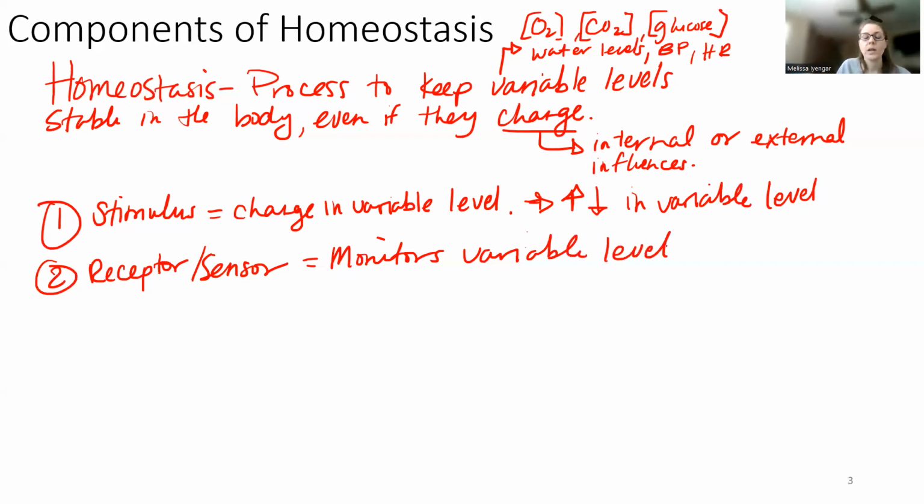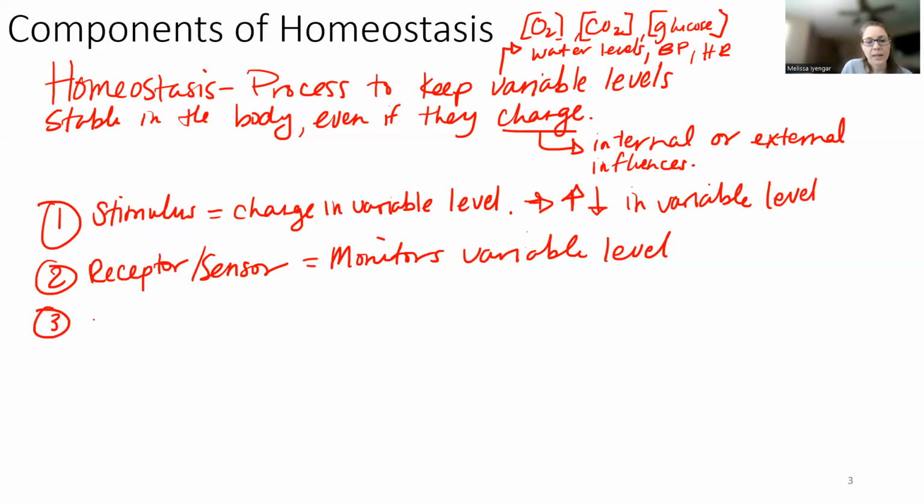Really simplistically, if you have oxygen levels, you have to monitor them. If you have carbon dioxide levels, you have to monitor them. How do I know if they change if I don't monitor for them? So I'm going to have a specific part of the body that monitors for all these variable levels.